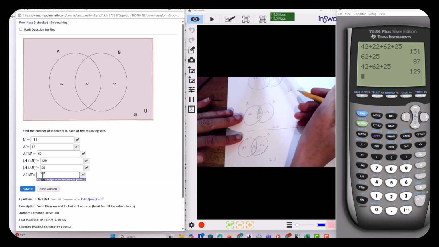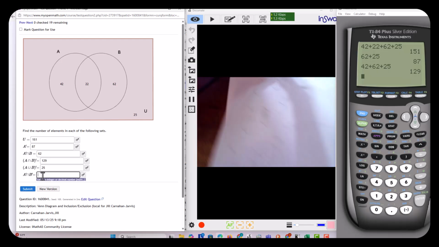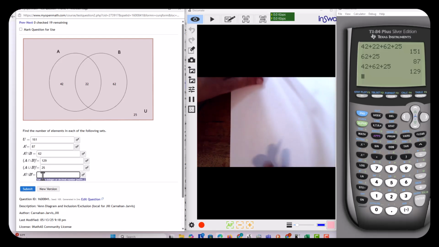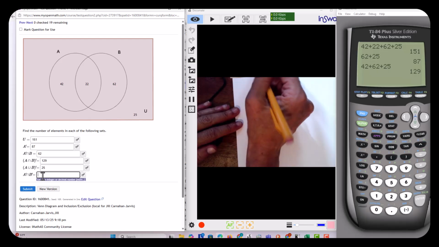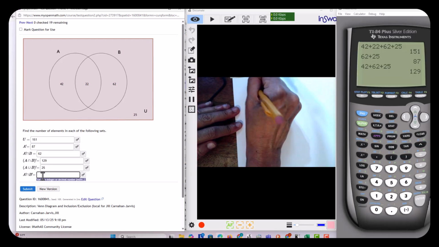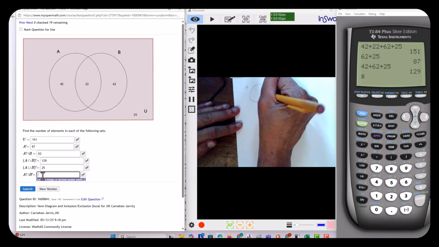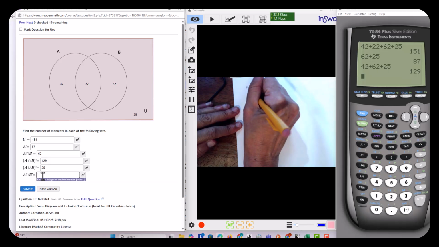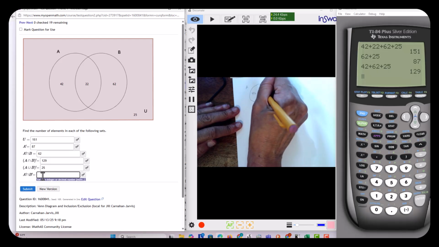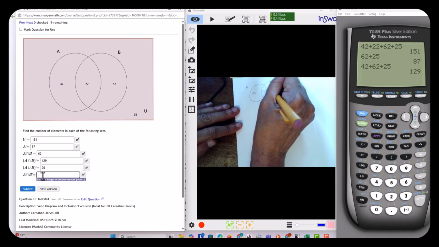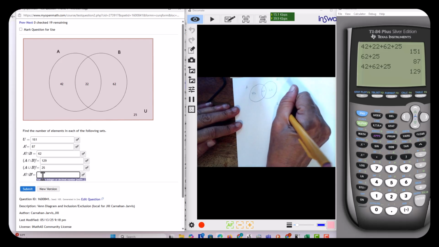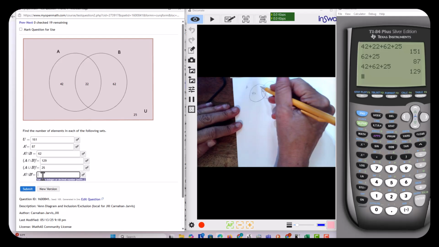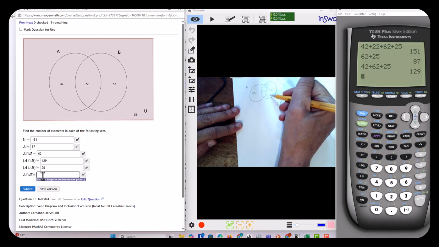Okay, and then the last one. Let's draw this out again. Thought I was losing my mind there for a minute. 42, 22, 62, 25. Okay, so A prime will be everything that's not in A. I'm going to close this out here.